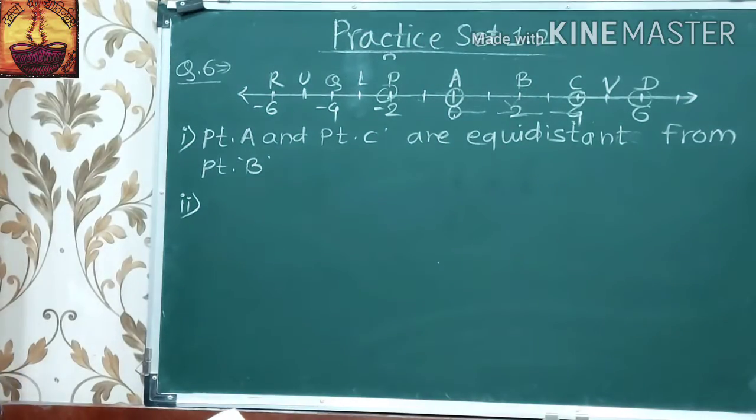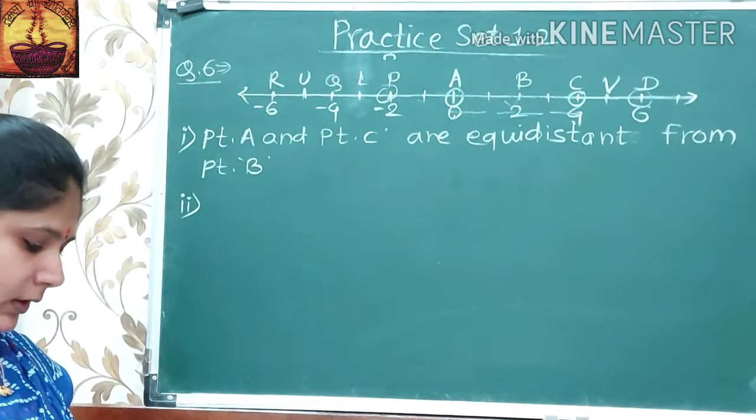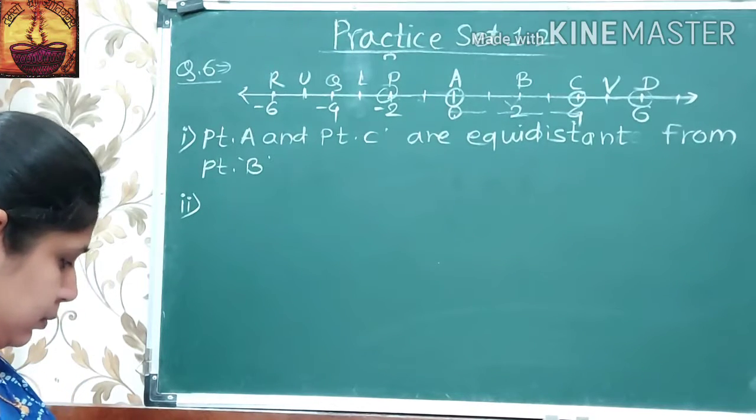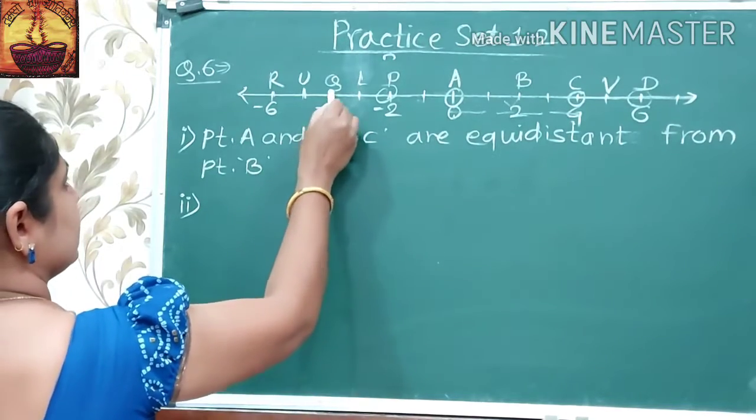Second question, write a pair of points equidistant from point Q. Point Q is here.